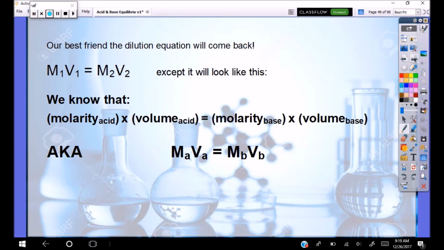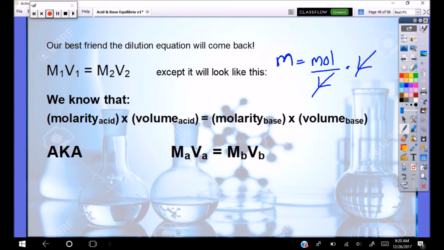So like I said, dilution equation, here we go. We know that M1V1 equals M2V2. And we know that M, that's talking molarity, not moles. If we think about this, we know that molarity, big M, is equal to moles per liter. If we multiply that times a volume in liters, our liters are going to cancel.